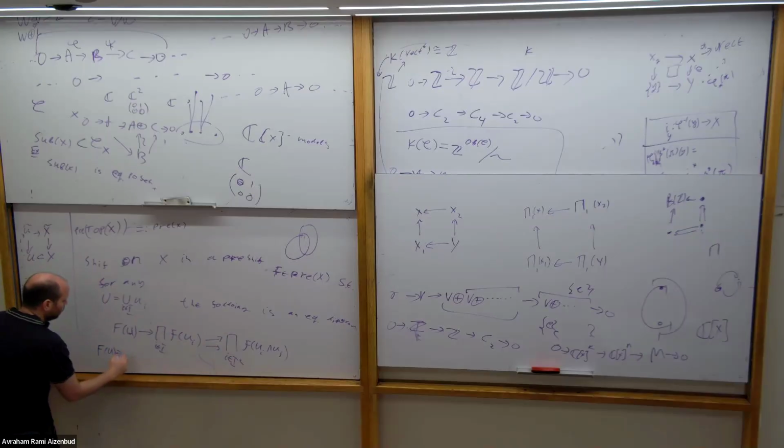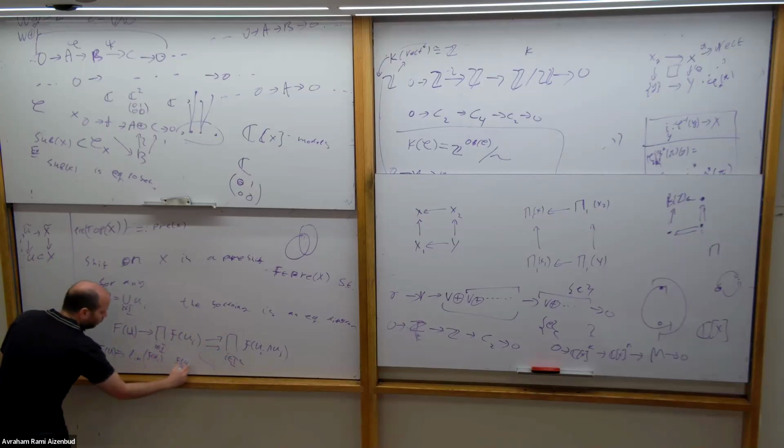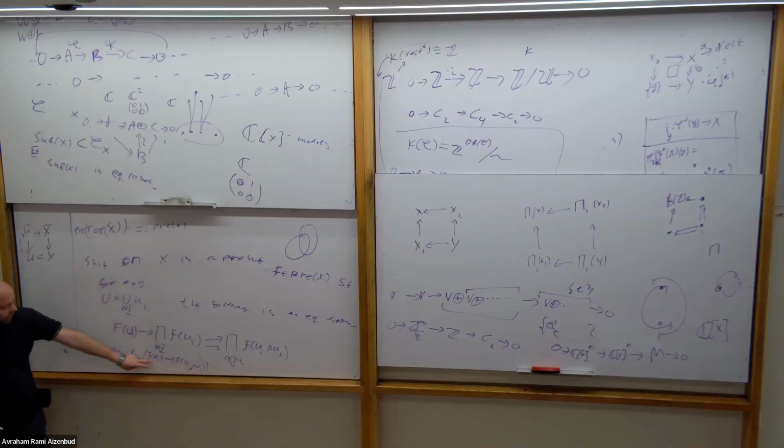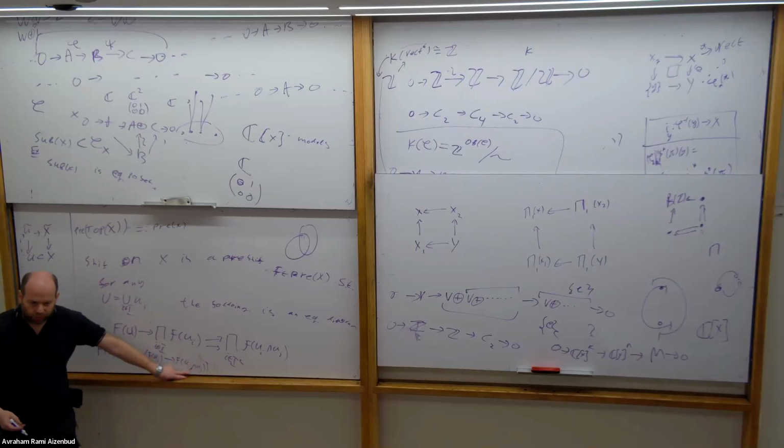is a limit of the diagram F of Ui, F of Ui intersect Uj. So we have this diagram, but i and j are running, so it's a big diagram. For any i we have an object here, and for any pair i and j we have an object here, and then each time that i is inside the pair ij, it might be the first or the second, we have a map like this.